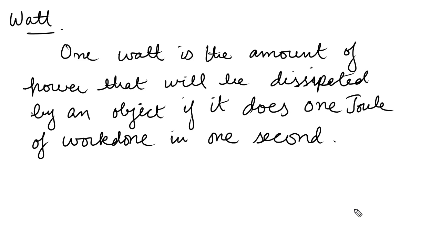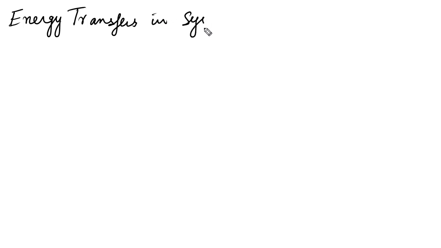Now the next topic that we will discuss is energy transfers in a system. We have discussed systems before, and a system is an object or a group of objects.